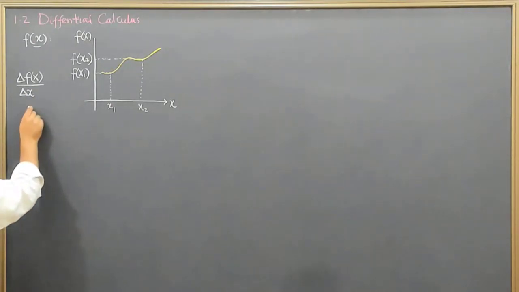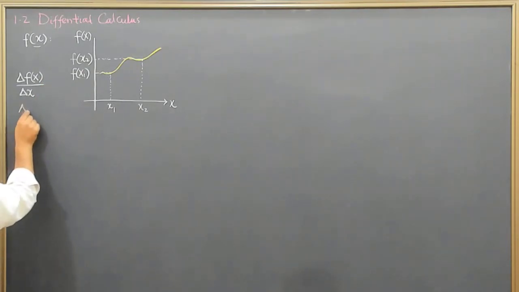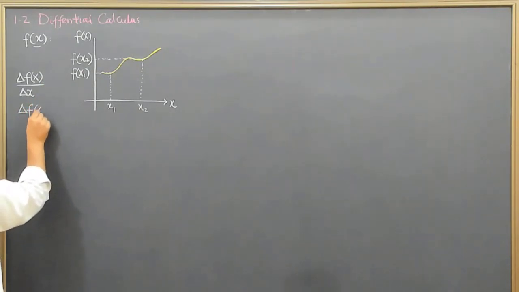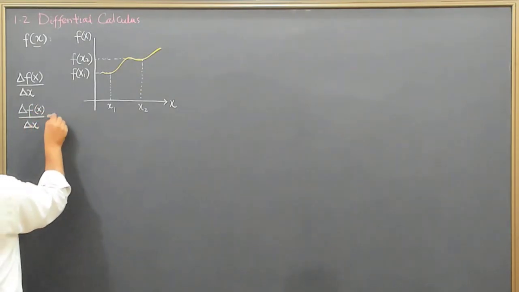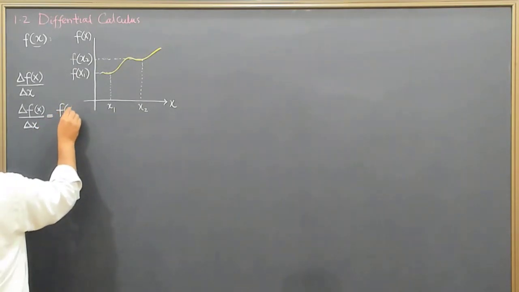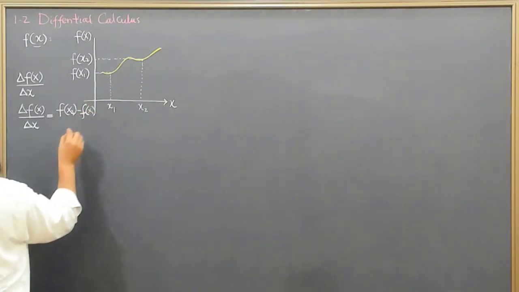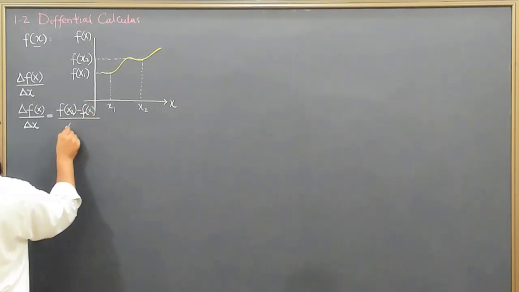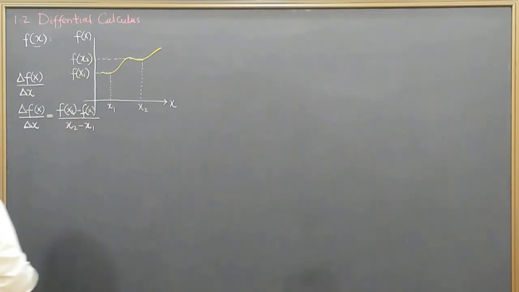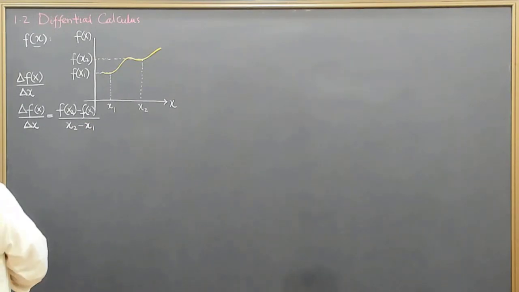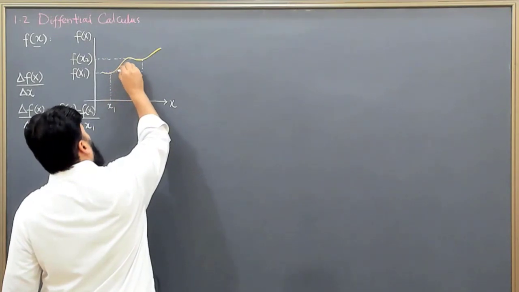And this I can write as delta f of x divided by delta x, which is equal to the higher value f of x2 minus the lower value f of x1, divided by the higher value x2 minus x1. So it will give me the change in this function, and this change is actually this line.